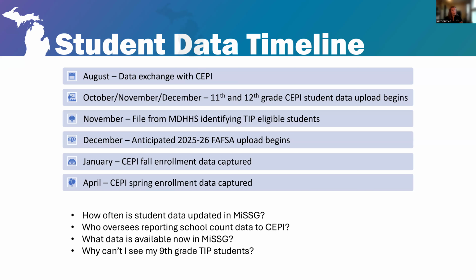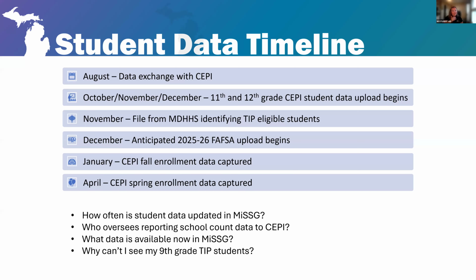Now, in November, this happens every year in November, we receive a file from the Michigan Department of Health and Human Services that's letting us know and identifying who are all the TIP eligible students, right, across the state. So we're getting that TIP data file, and just to give you some perspective, in the past it's been over 100,000 to 120,000 new TIP records that we're uploading into our system.